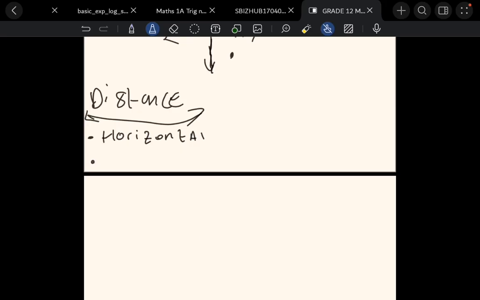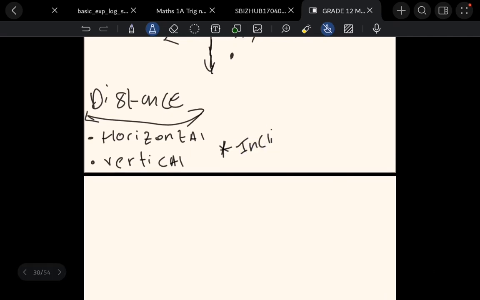The second one is the vertical, and the last one is the inclination, or we say it's at an angle theta, which means the distance that's at an angle theta, which is oblique. Understand?